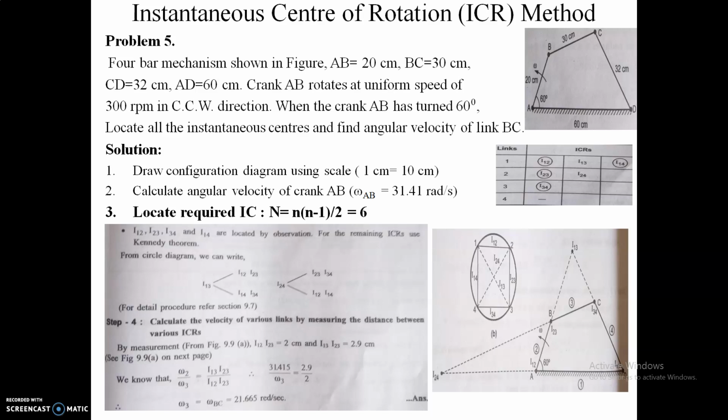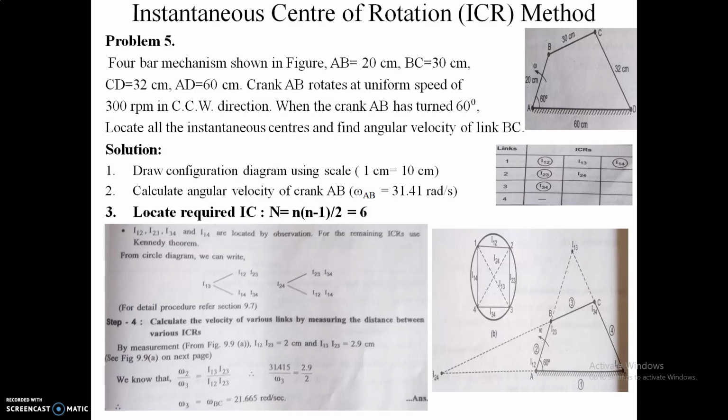In the mechanism, A and D are fixed, so because of A and because of D, the ICs are formed. Here fixed link number 1, crank 2, then BC as link number 3, and link CD as link number 4.